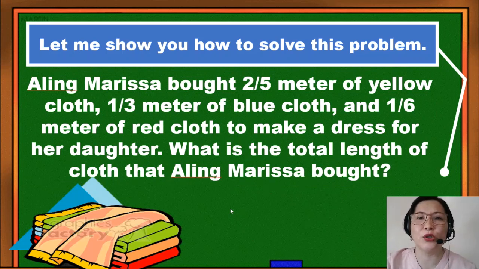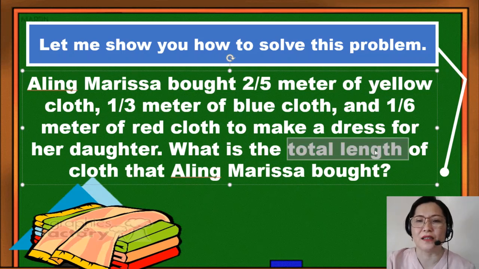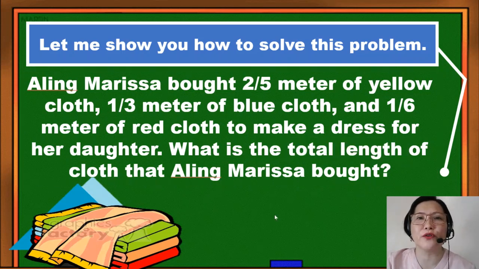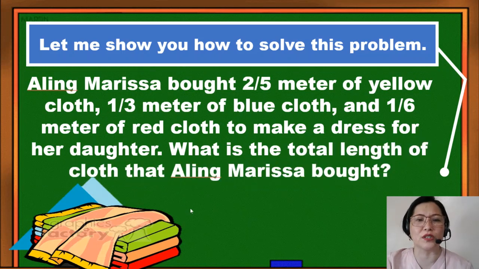What is the clue that you have seen in the question? Yes, that clue is the word total length. Because when you are looking for total length, you are going to add. You are going to combine the things in order to arrive at the total, since it's looking for the total length of cloth that Aling Marisa bought.